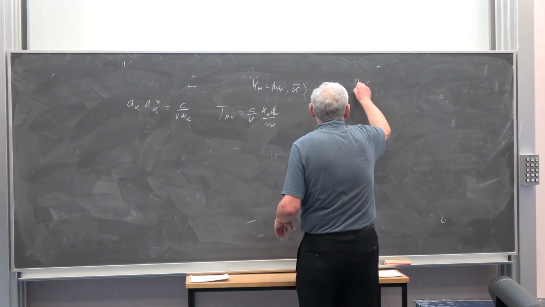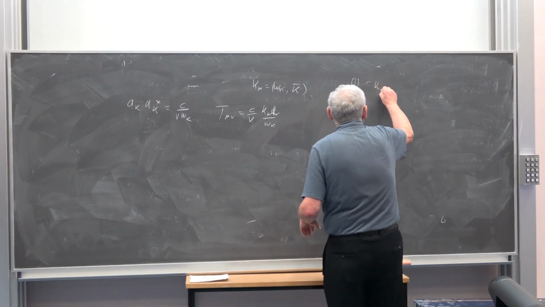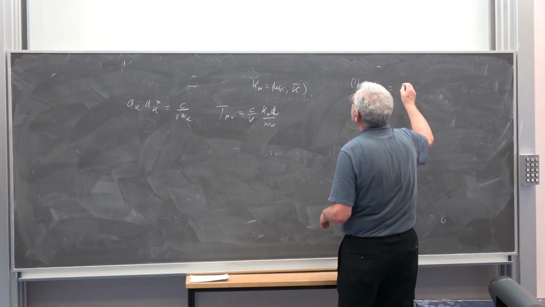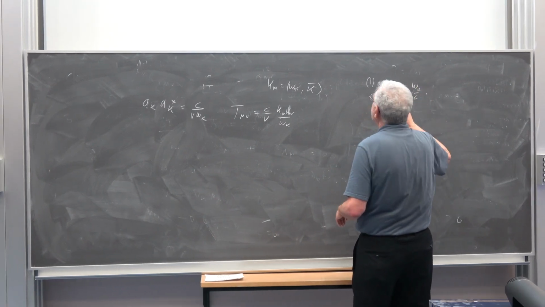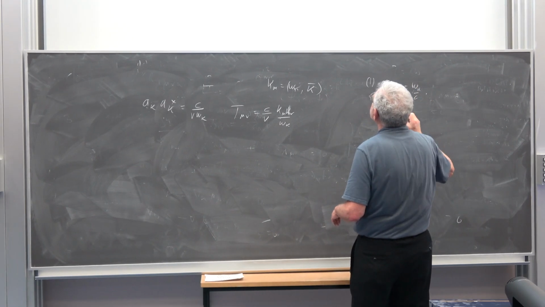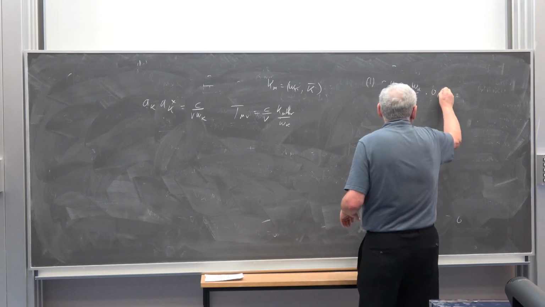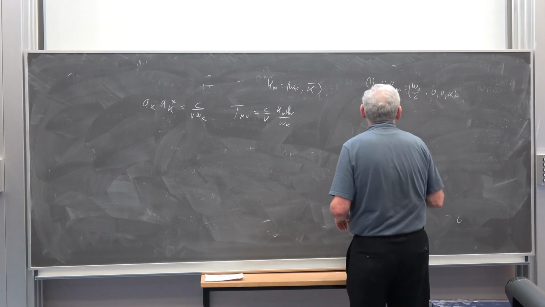So the first mode will just be k^μ equal to omega_k over c, and then it's propagating in the z direction, 0, 0, k.